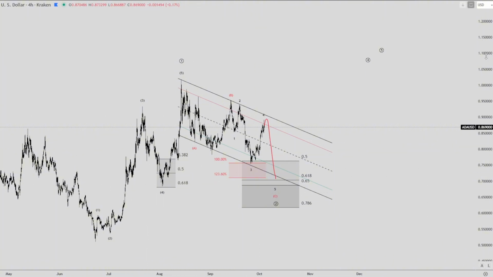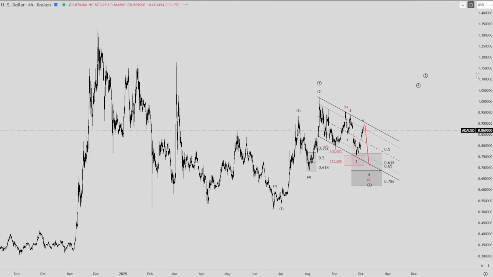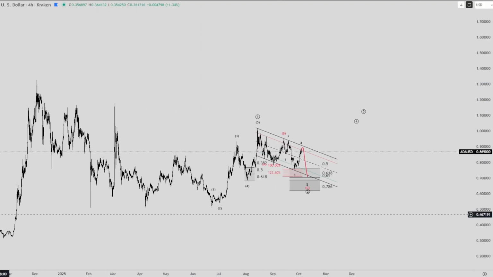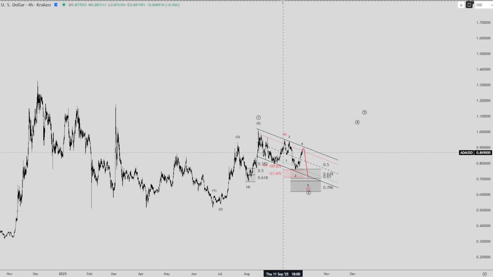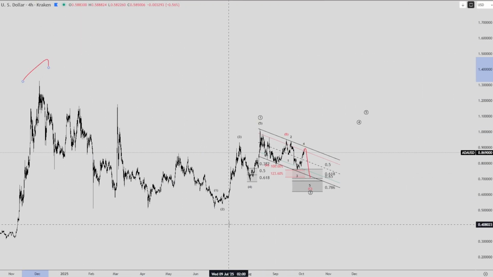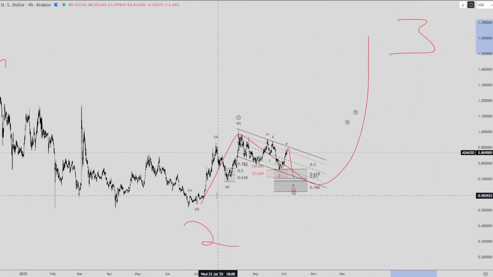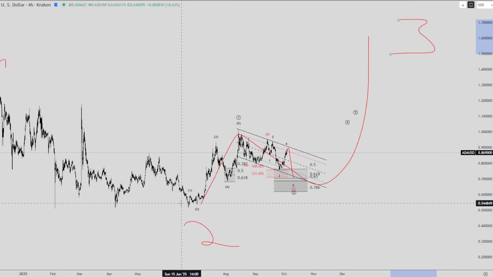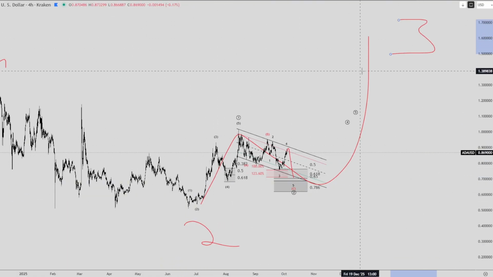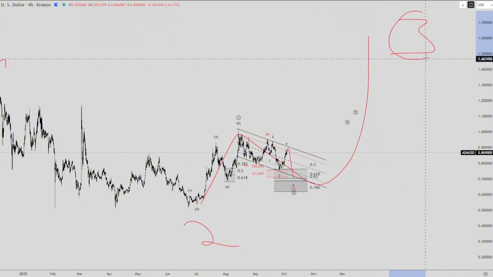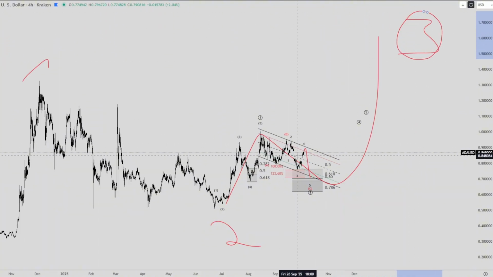And I think if you're working with this 1-2 structure, so you're currently in this 1, 2, and this is a wave 3, you would expect a nested structure for a wave 3, because the wave 3 most of the time is the extended part of an impulse, and that's why you have this nested setup.